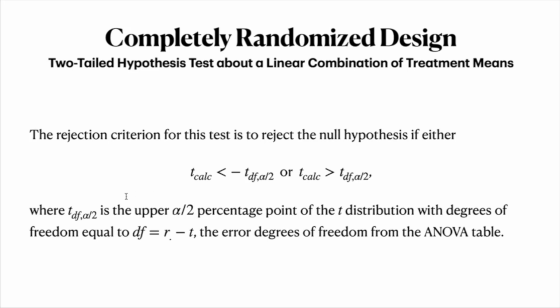And so this is the rejection criteria, and the number of degrees of freedom associated with the reference distribution is r dot minus t, which again is the number of error degrees of freedom from the ANOVA table.